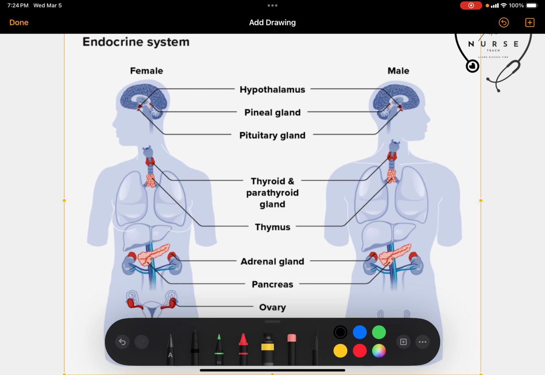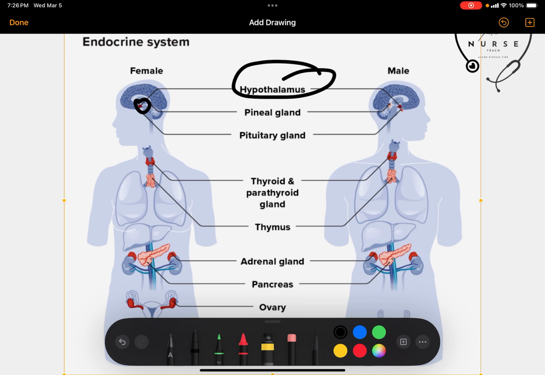So first we're going to jump into the lovely hypothalamus, my dear. As you can see, the hypothalamus is located here within the brain, male or female. It doesn't have a major difference. When you think of the endocrine system, you say the pituitary gland is the godfather, the big dog, right? However, the hypothalamus has this lovely relationship with the pituitary gland.